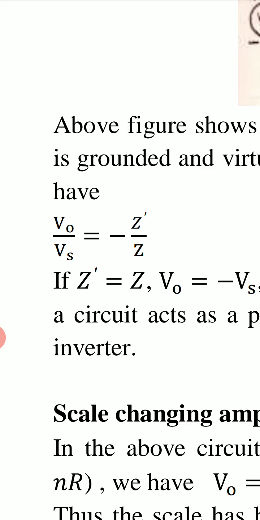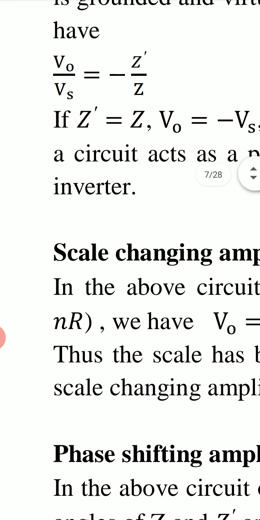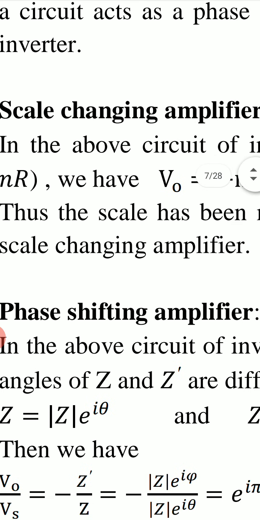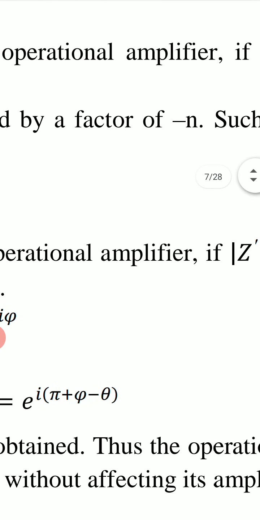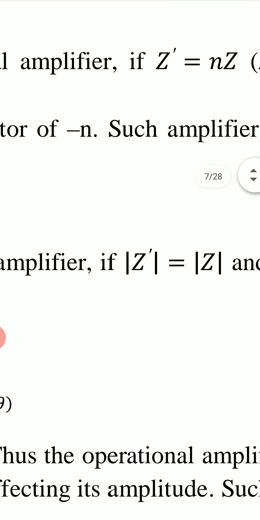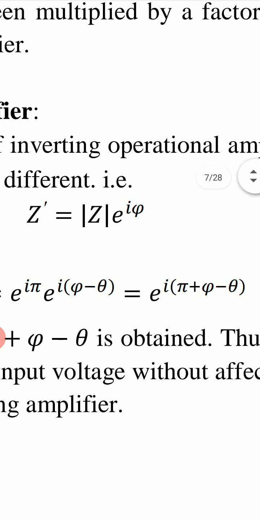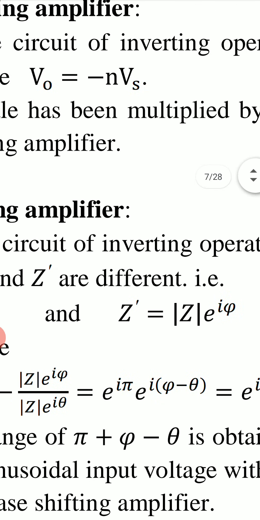Impedances Z and Z dash are same, and in scale changing amplifier, the relation between two impedances is such that Z dash equal to NZ, so that output voltage is obtained, which is minus n times that of input voltage, VO equal to minus NVs. And now scale is changed and it is multiplied by minus n times.